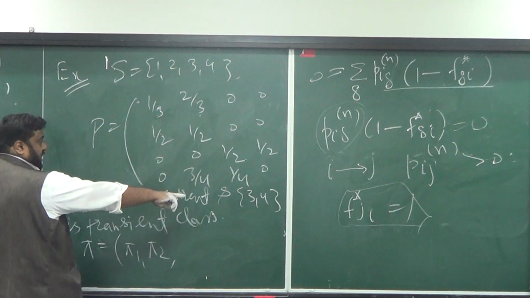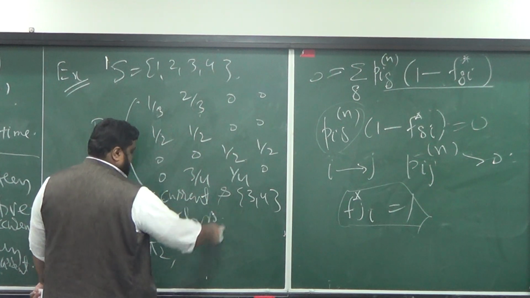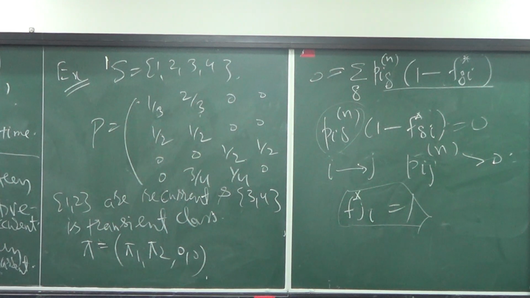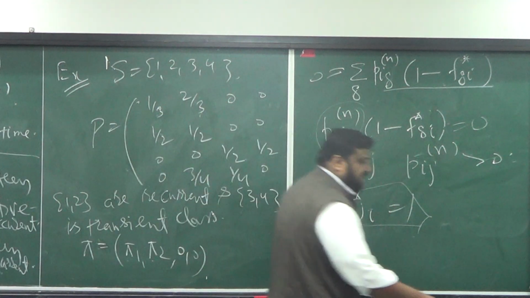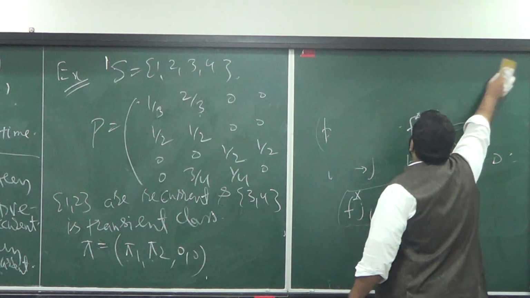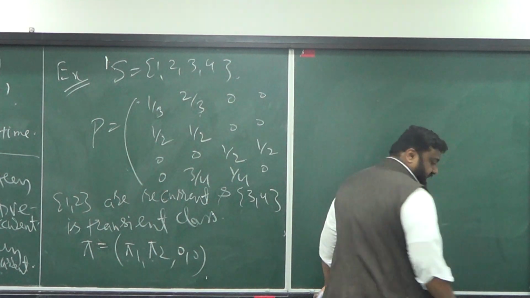Since 3 and 4 are transient, I already know that these probabilities are 0. I don't need to compute them. The only thing I'm interested in computing is pi 1 and pi 2.